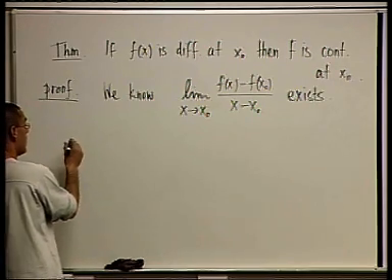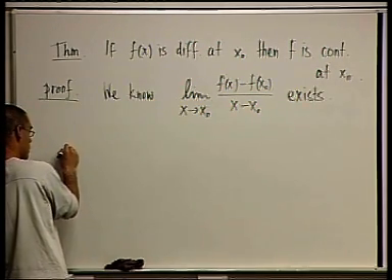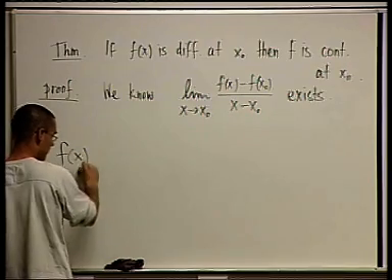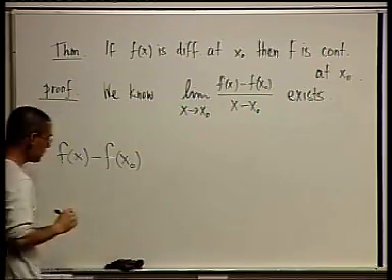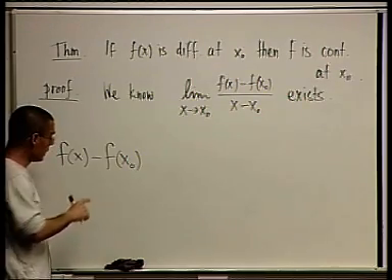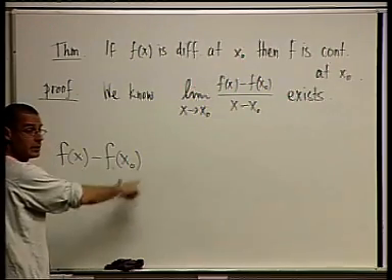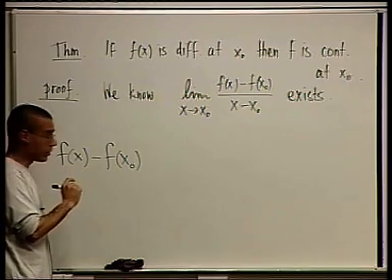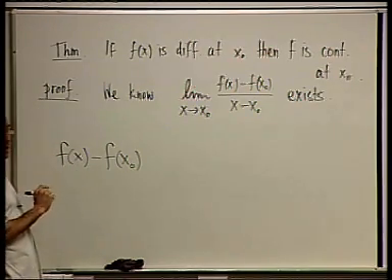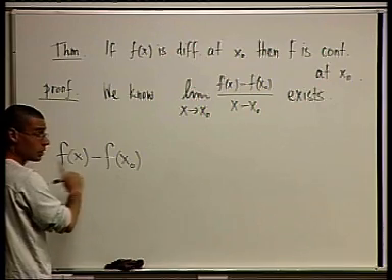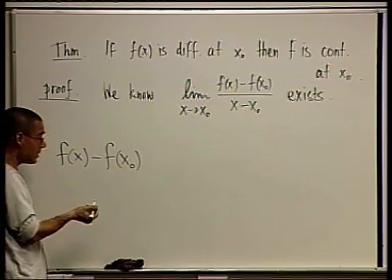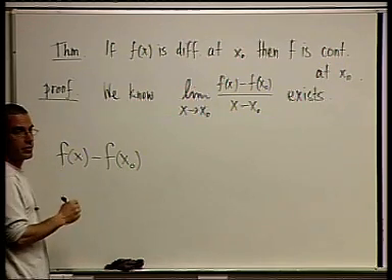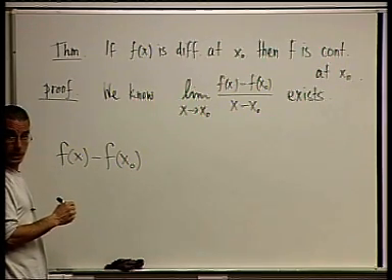Okay. Now, let's look at this expression, f of x minus f of x0. I want to show that the limit of this thing as x goes to x0 is 0. If I show that this goes to 0 as x goes to x0, that means that f of x goes to f of x0. Right?